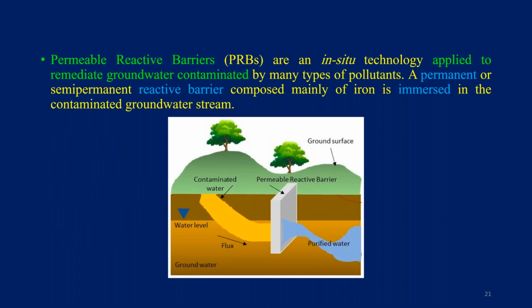Permeable reactive barriers are an in situ technology applied to remediate groundwater contaminated by many types of pollutants. A permanent or semi-permanent reactive barrier composed mainly of iron is immersed in the contaminated groundwater stream.